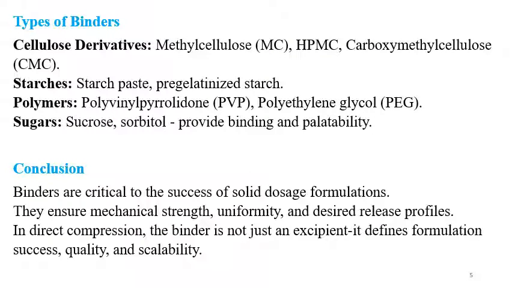Types of binders may be cellulose derivatives, starches, polymers, and sugars. Generally starches like pregelatinized starch are used, then starch paste, PVP. Many times HPMC and HPC are used, and sometimes sucrose and sorbitol for their binding properties and palatability.